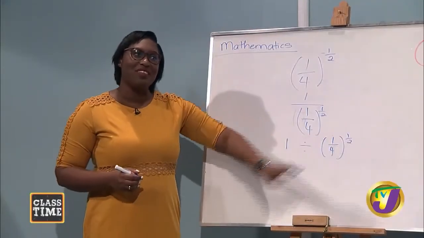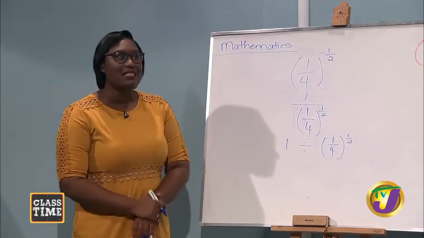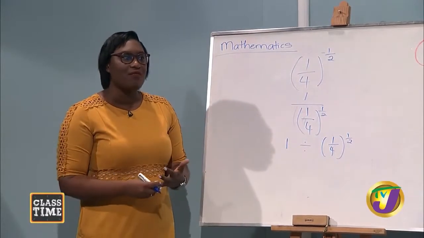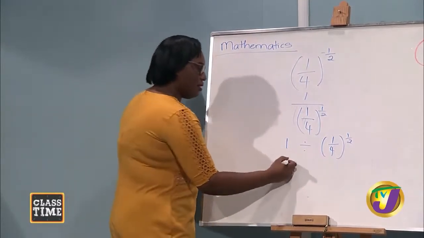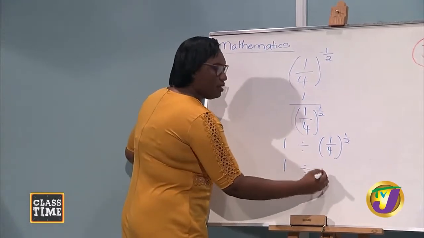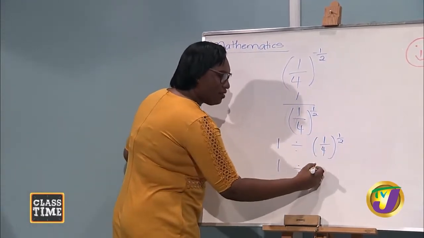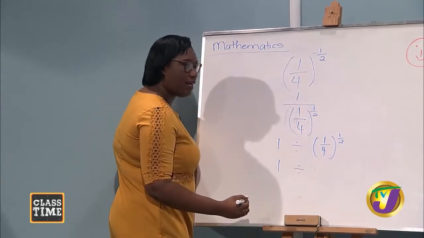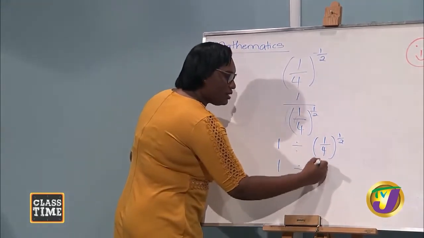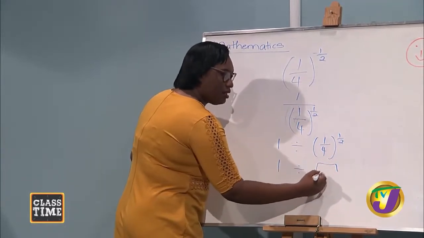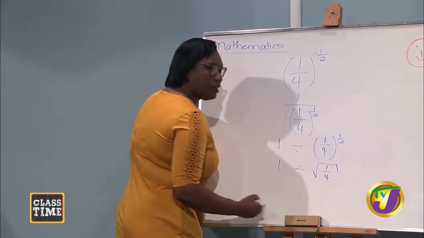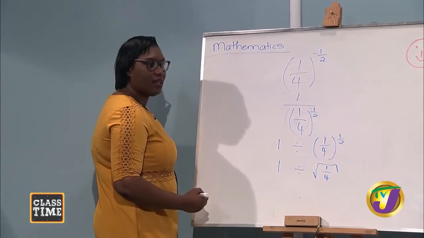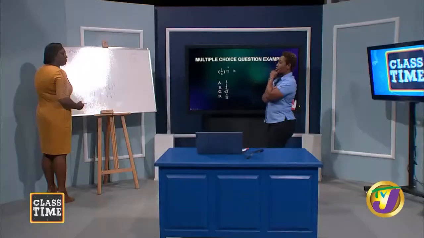Let's find the square root of that. We know that when something is raised to the half power, it's the same as finding the square root of that number. So it's actually 1, and we're going to find the square root of this.